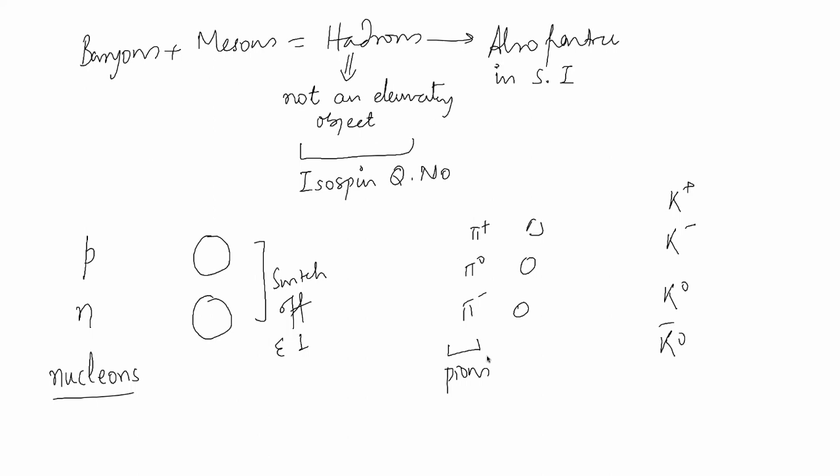But mind it, the isospin that I am talking about is only for the hadrons. When I am talking about a proton and neutron, what was the experimental evidence which supported the idea that a strong interaction is flavor blind?